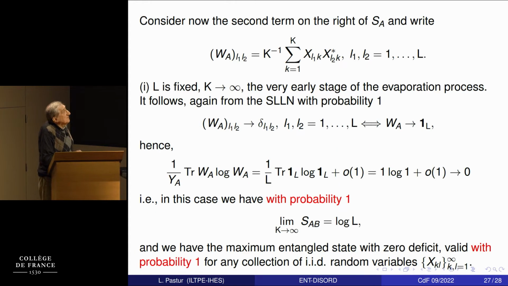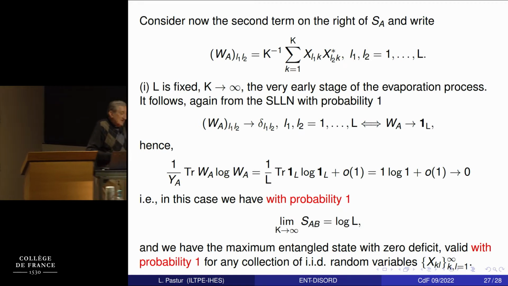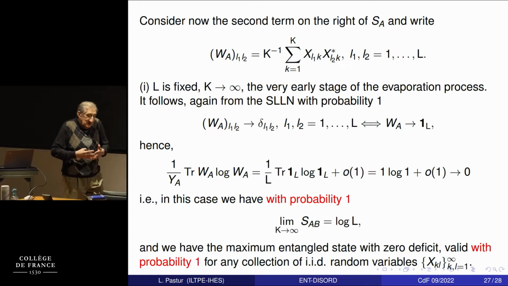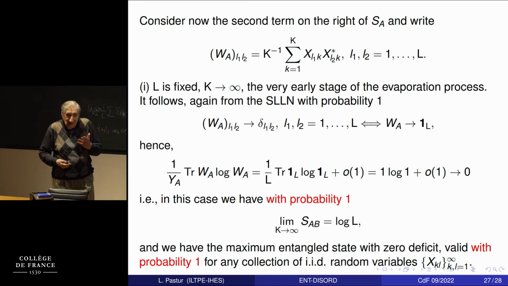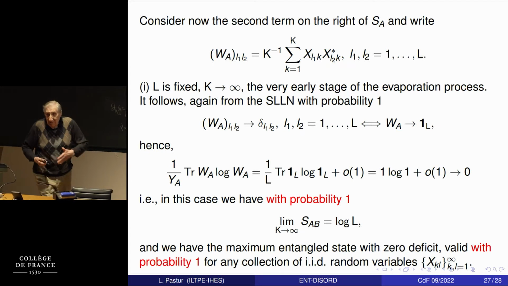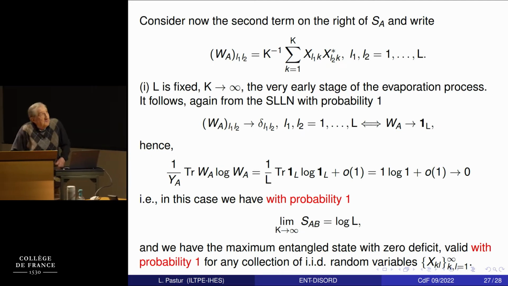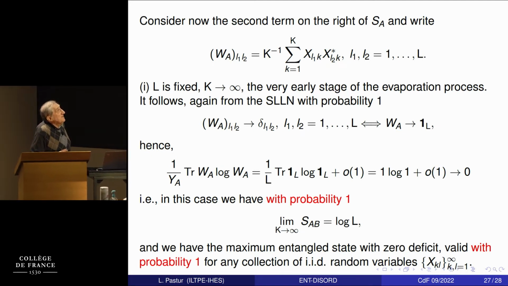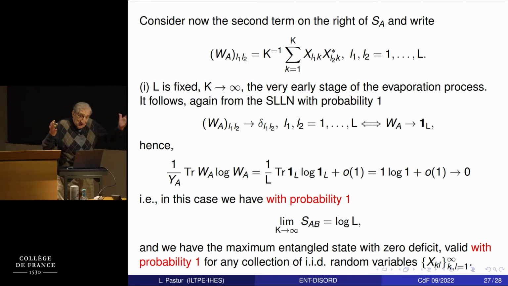This is our matrix. So you see this is written here. And let's consider two cases. You remember, on the initial stage of the radiation, L is fixed. The black hole just started. So we keep L fixed, and K is big because K is the degrees of freedom of the black hole, which is big.